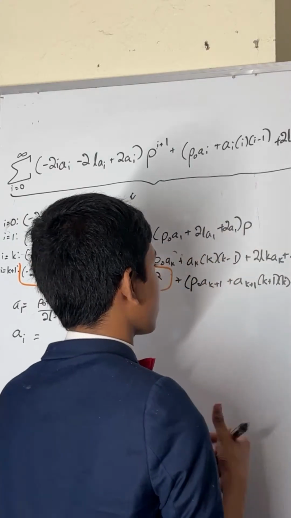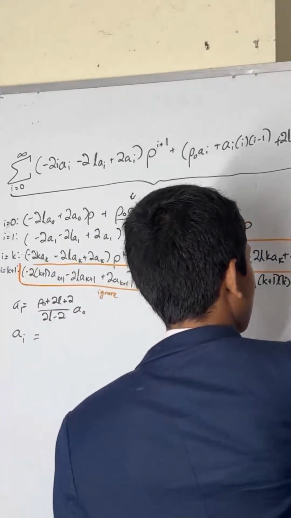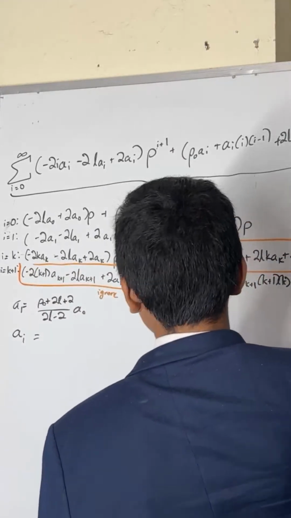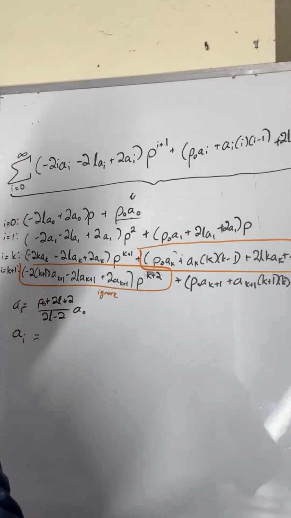And we also ignore this. So in general, the coefficient of this has to be equal to the negative of the coefficient of that.